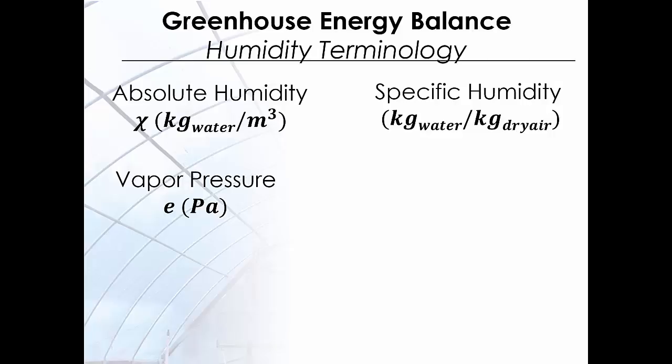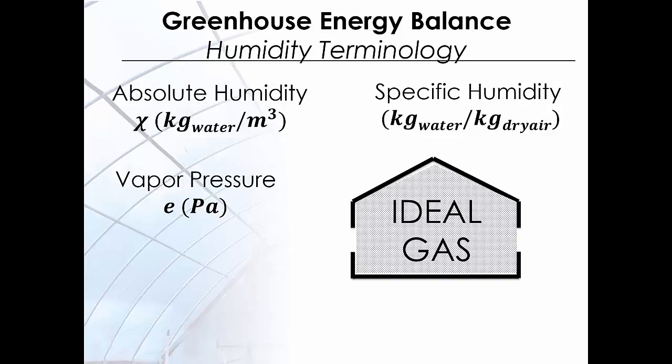Since the amount of water vapor in the air is relatively small at ambient air temperatures, we can assume that the air is an ideal gas. Therefore, it is possible to relate both specific and absolute humidity to partial pressure.